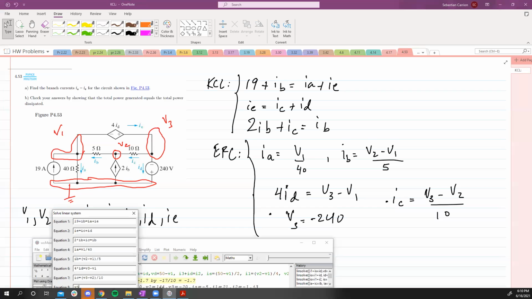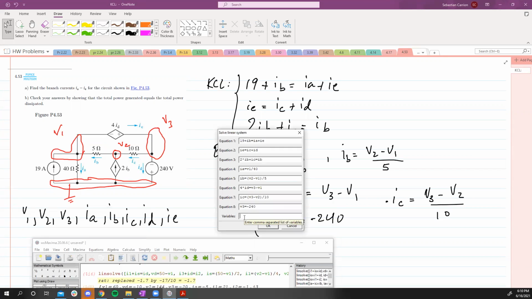And then V3 equals negative 240. The variables are V1, V2, V3, IA, IB, IC, ID, and IE.